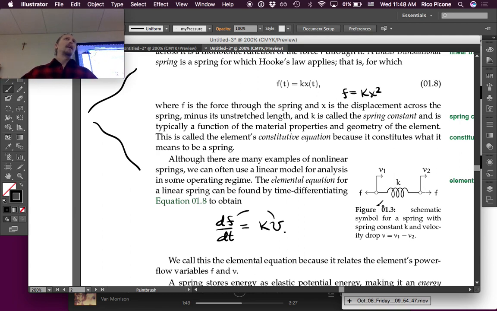We tend to say tension is positive and compression is negative, just like statics did. So there's the force, and the velocity drop across it is v1 minus v2, and we just call it velocity drop v. It sounds a lot like current going through an element and voltage across the element, right? It's just like we're setting it up already.